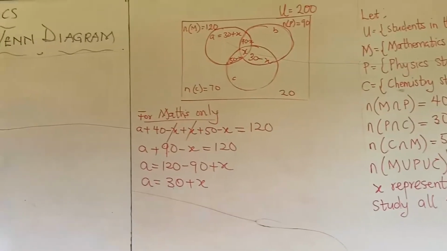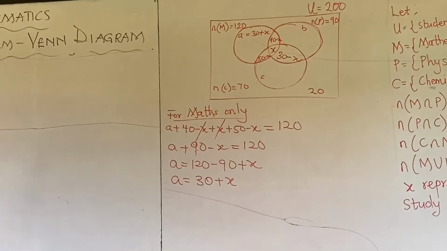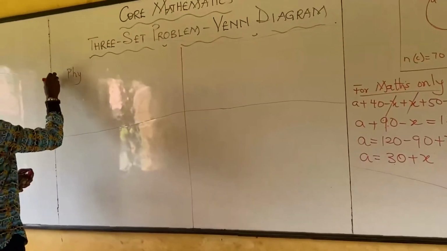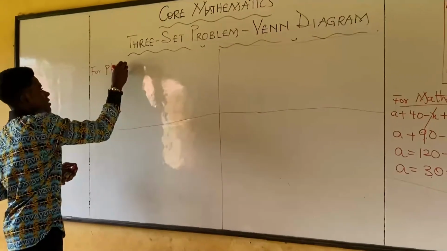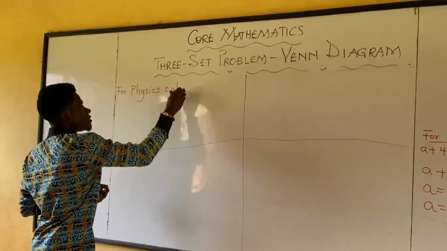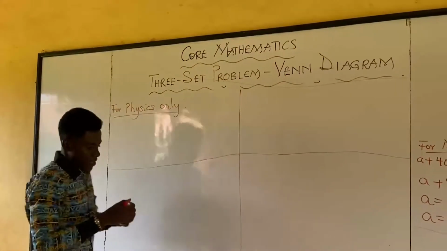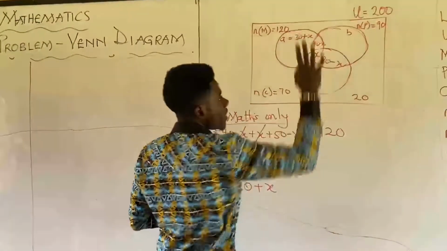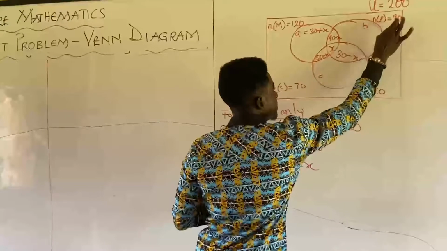So we move on to solve for physics only. That one too, we are going to sum everything in this circle up, and it should give us 90.